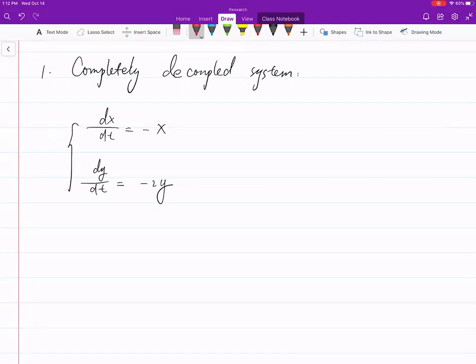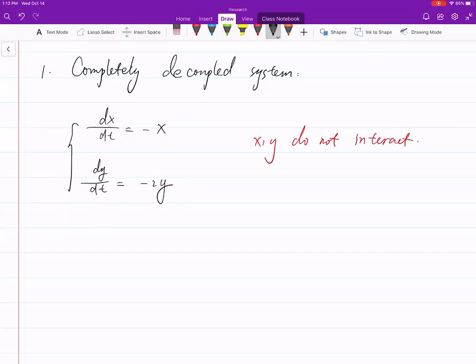If you think about it, what happens with x has only something to do with x, and what happens with the rate of change of y has only something to do with y. In other words, x and y do not interact. Or in another way, if you completely delete this equation, it doesn't change the differential equation here. The solution still stays the same. So with this or without this, we can solve it as if it's just one differential equation.